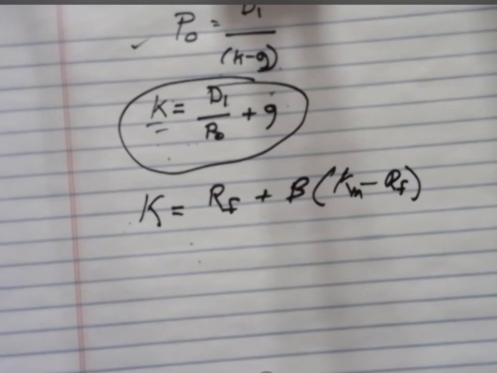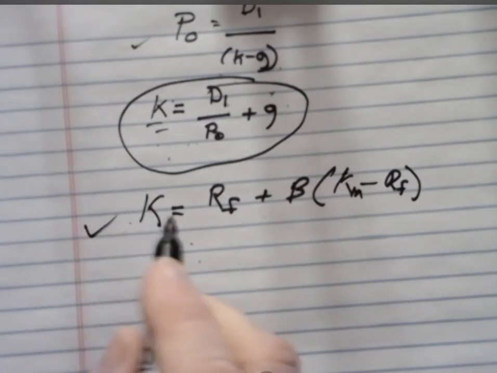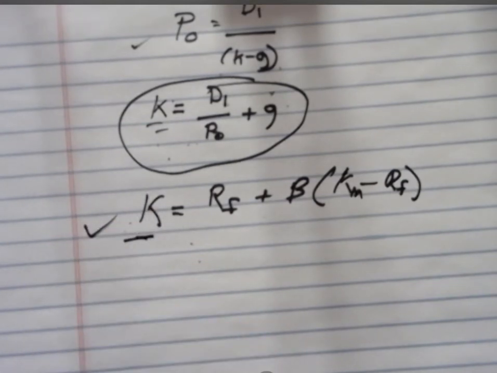Excuse me, I didn't do a good job on that one. But all we're doing is, you might say, we have two formulas from the standpoint of identifying the required rate of return.